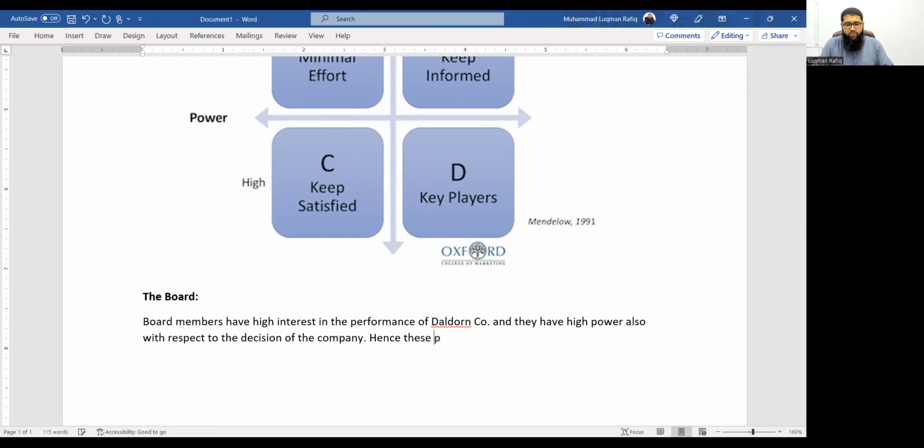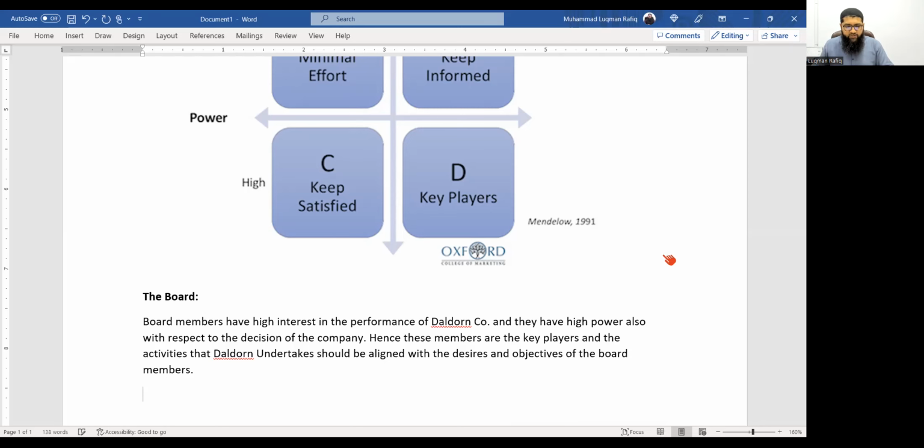Hence, these members are the key players, and the activities that Daldon undertakes should be aligned with the desires and objectives of the board members.